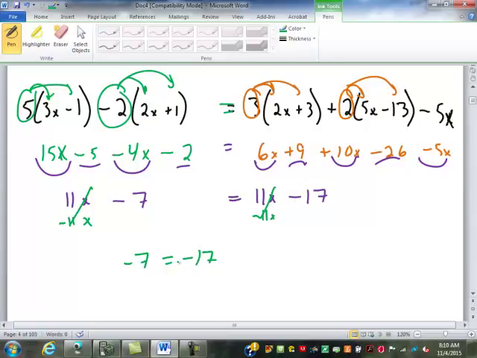If the number on this side and this side were the same, then the value of x wouldn't matter. No matter what value you put in there for x, this equation would have been true. Now in this case, however, those 2 numbers are different. Negative 7 and negative 17. If they are different, is there any value I can give to x that'll make negative 7 equal negative 17? No. There is absolutely no solution to this equation.